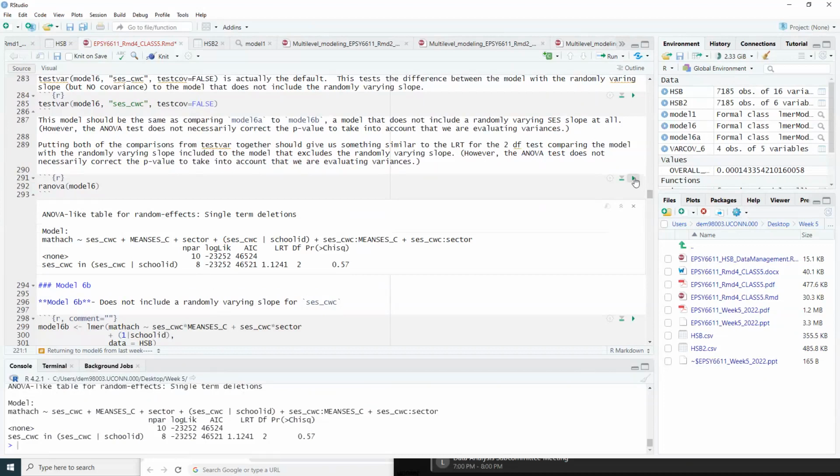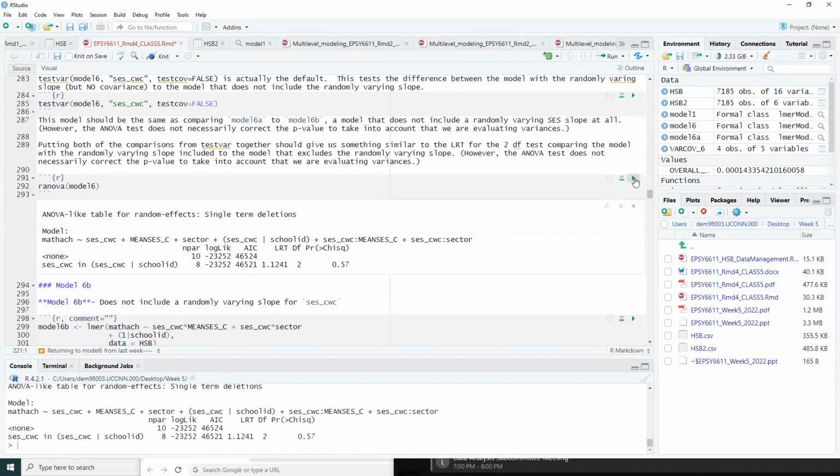But again, I haven't shown you model 6B yet, but that's really comparing model 6 to a model that doesn't have a variance or a covariance in it. It doesn't test intercepts. It could, we're just not right now.